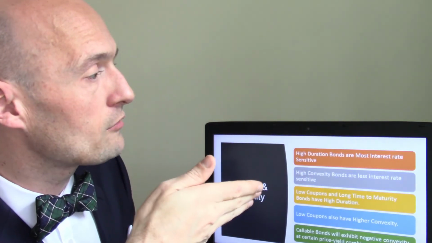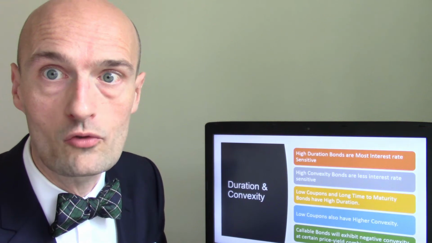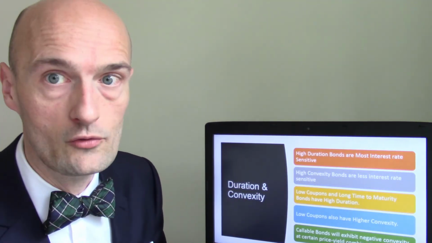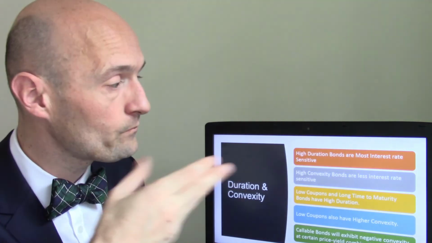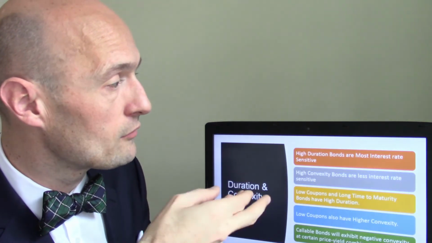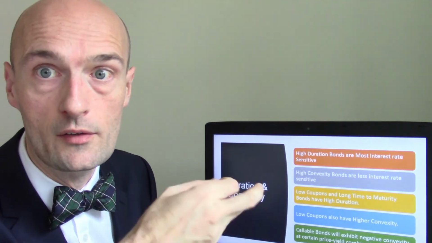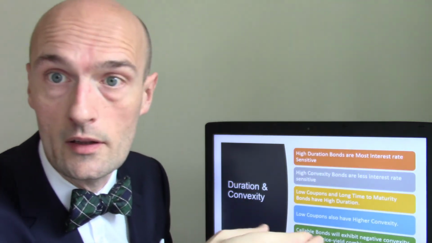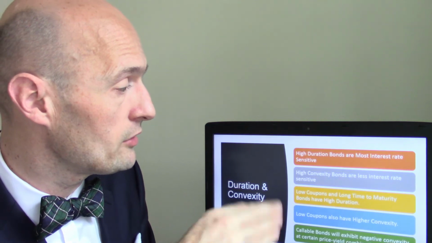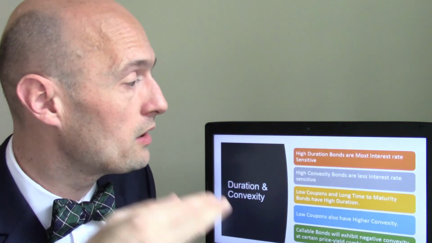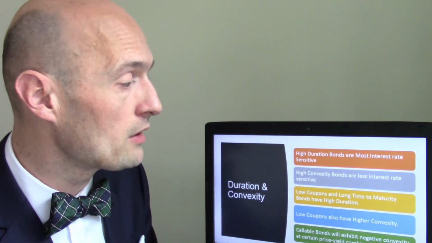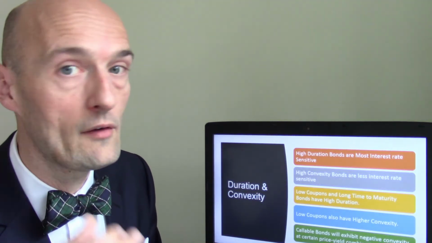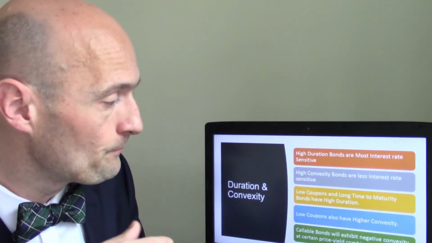High duration bonds are the most interest rate sensitive. High convexity bonds are less interest rate sensitive. So duration tells you how interest rate sensitive it is, but if it's got high duration but also high convexity, it's a little bit less interest rate sensitive than you'd expect. Low coupons and long time to maturity bonds have high duration, and low coupons also have higher convexity.